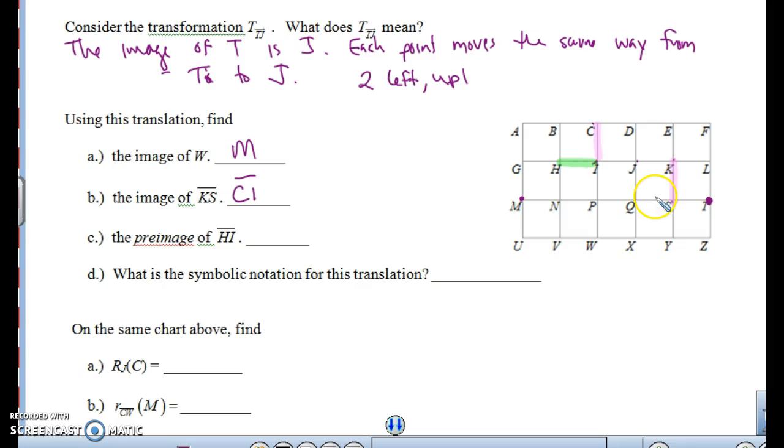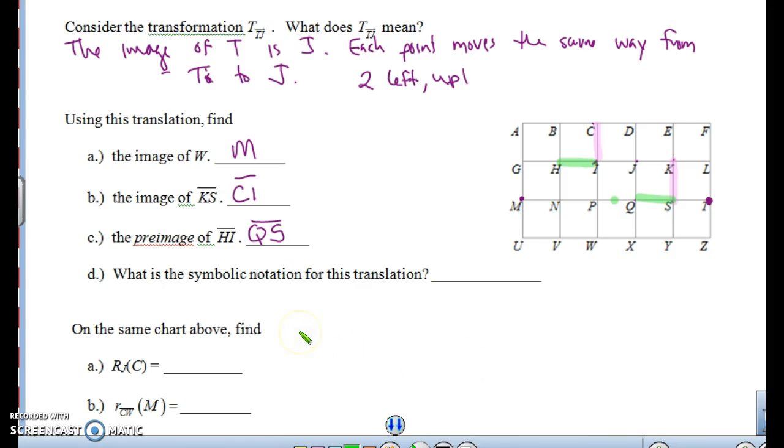That would be backwards. All right, so let's take H. 2 to the right, 1, 2 puts me at J, and then down 1 would put me at Q. And then 2 to the right, 1, 2, and then down 1 would put me at S. So the pre-image of HI is QS. So we ended up here. Now if you move from QS back to HI, it would go 1, 2, and up 1, and you're back where you started.